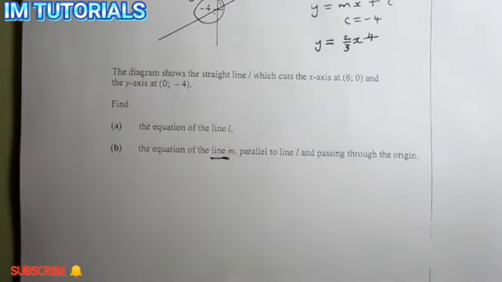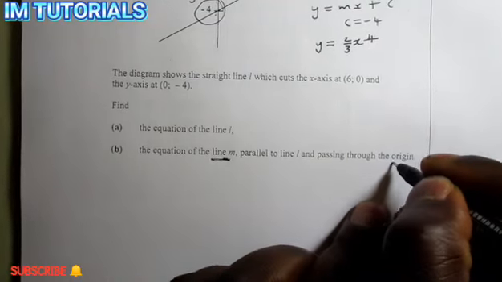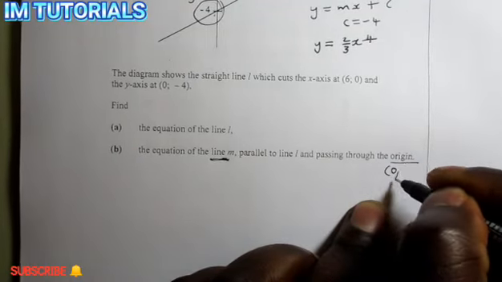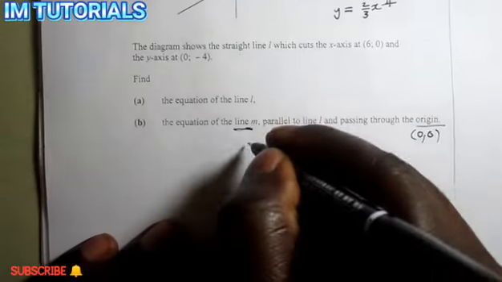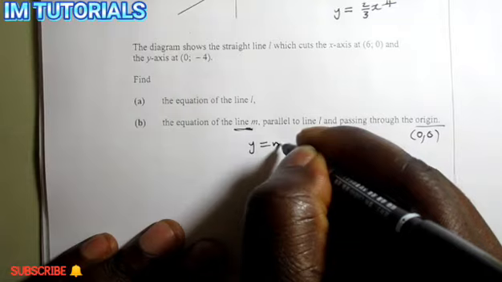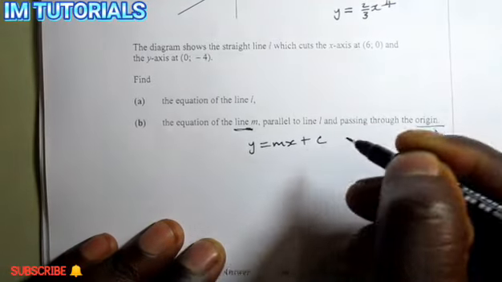Find the equation of line M parallel to line L and passing through the origin. Whenever you see this word origin, just know that the line is passing through (0, 0). To find the equation of the straight line, you start by writing the form y equals mx plus c.